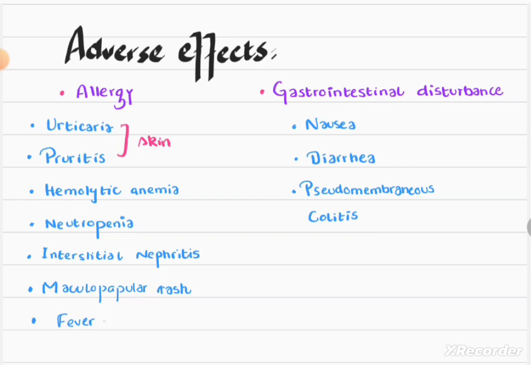All the penicillins can cause fever in patients who are taking them, and they have the ability to cause hemolytic anemia as well. Neutropenia is most commonly caused with nafcillin, and interstitial nephritis was most commonly seen with the use of methicillin. Maculopapular rash was seen with the use of ampicillin.